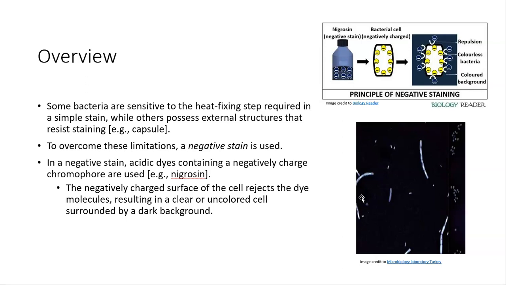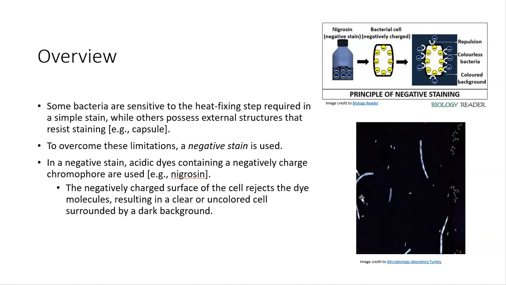It's a different way of doing things, but you're still creating that contrast so that you can see the specimen. In the simple stain, you are staining the cells so that you have dark cells against a white background. In a negative stain, you're staining the background and you'll have clear cells, but it again creates that contrast so that you can see the bacterial cells, like shape and arrangement.